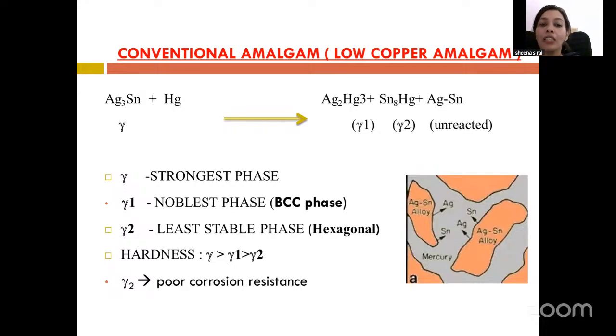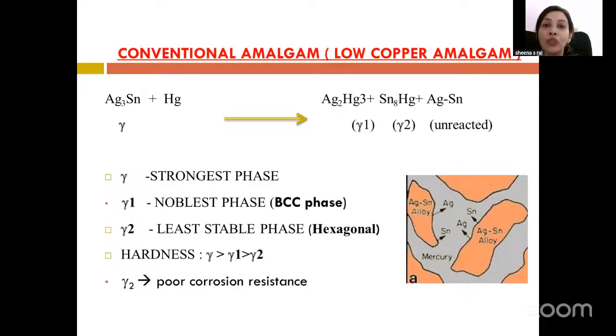From here there are some important points you have to keep in mind. Gamma is of course the strongest phase. Gamma 1 has a body centered phase and gamma 2 has a hexagonal phase. If somebody asks which is the strongest phase, it is always the gamma phase. Which is the least stable phase?